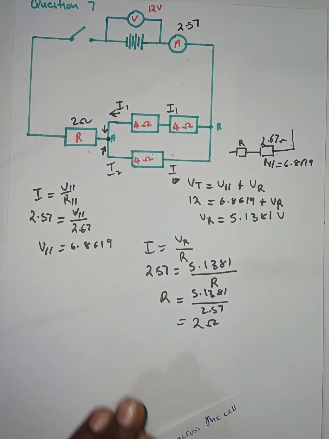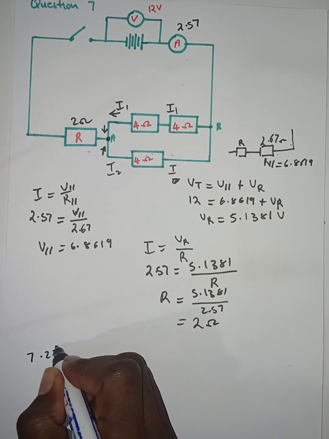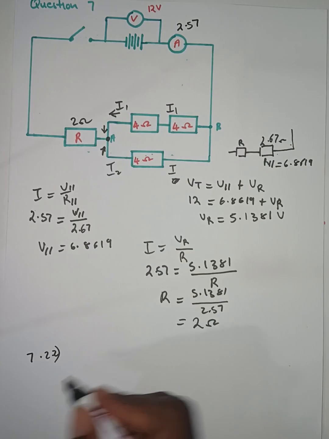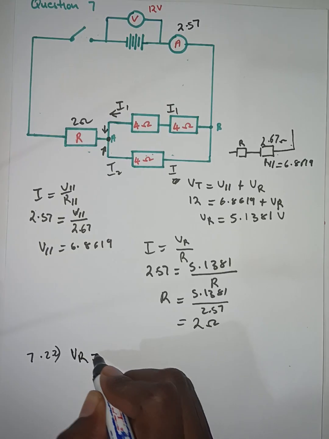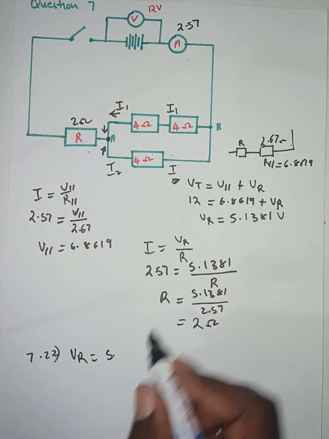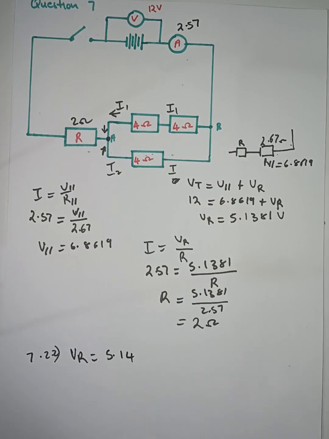So if you had done that question this way, in answering 7.2.2, you would just say that VR in this case would be 5.14 volts. Yeah, that was actually the value that we got.